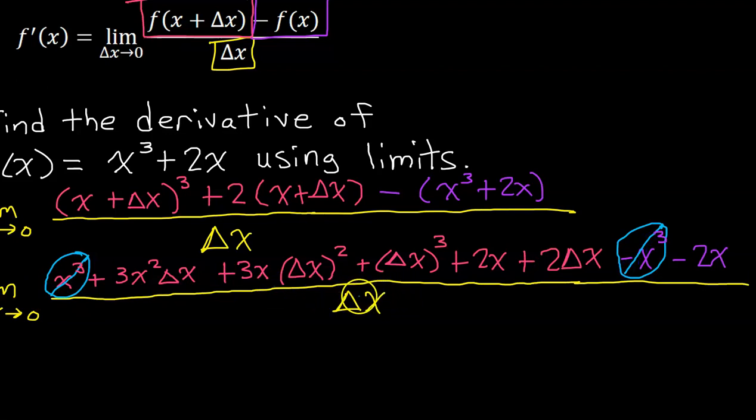Do you see anything else that I can cancel out? All right, hopefully you noticed the 2x that's right here, and I have a negative 2x right here. So those will also cancel each other out. All right, so I'm just going to recopy this and bring it down.